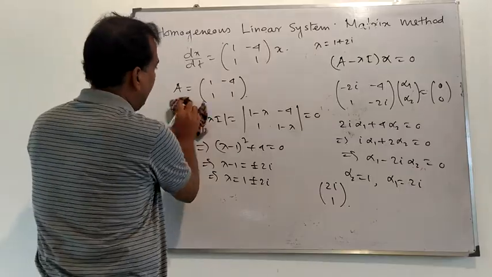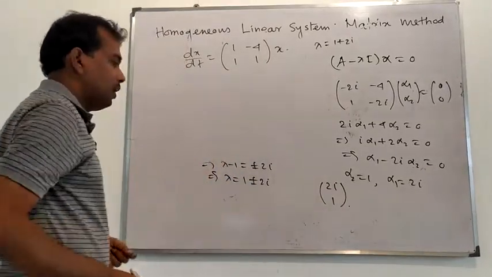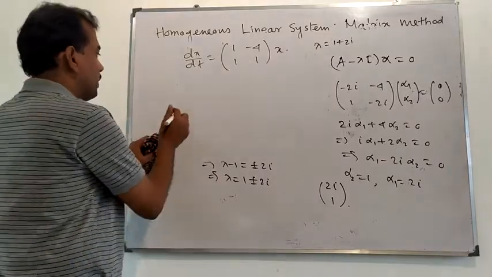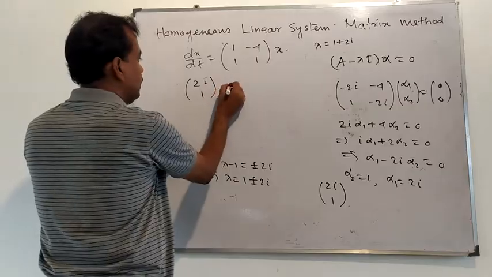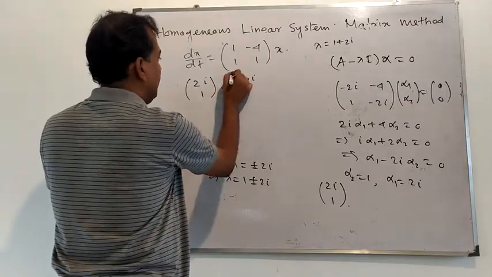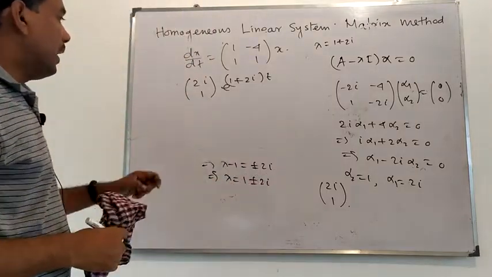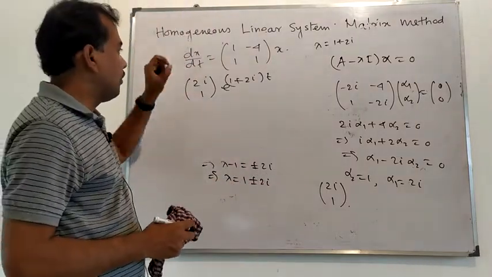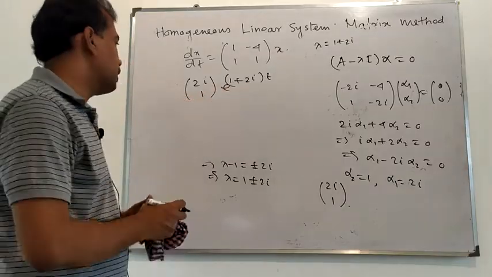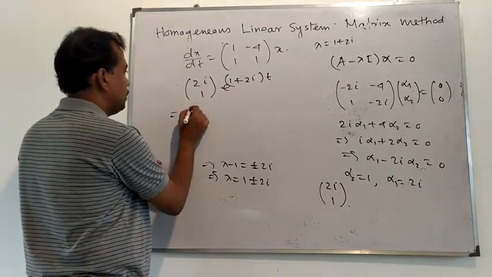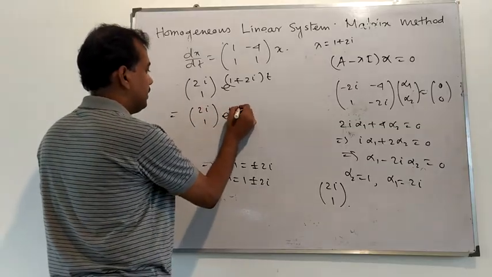So corresponding to this eigenvalue, the solution is (2i, 1) e to the power (1 plus 2i)t. Corresponding to this eigenvalue, we want to find the solution of this system. Here alpha equal to this, lambda equal to this. This is equal to (2i, 1) e to the power t times e to the power 2it.